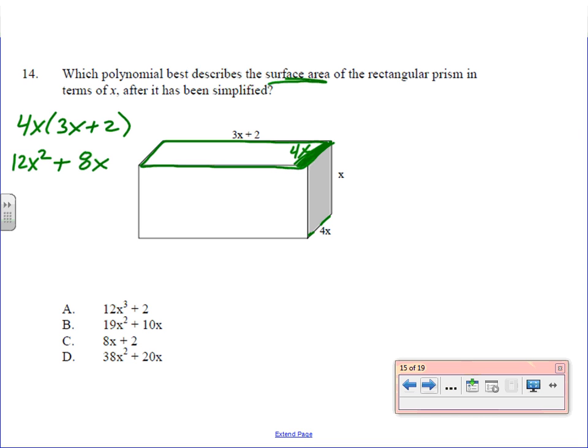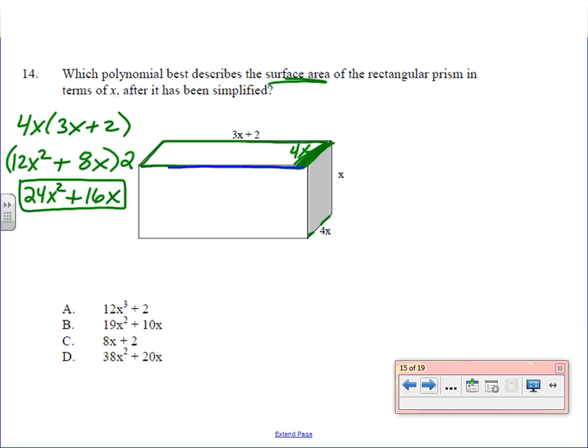So we're going to multiply this times 2, because there's two of them: a top and a bottom. 12x squared times 2 would be 24x squared. 8x times 2 would be 16x. So this right here represents the top and the bottom of the box.